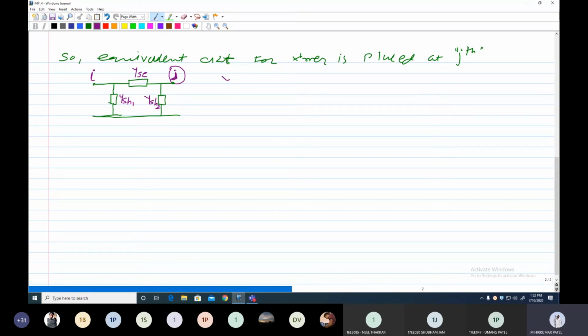Say, we'll start from Yij. What is the value of Yij, or we can say the transfer or series element? So from the matrix, what is the value of Yij? See the matrix.